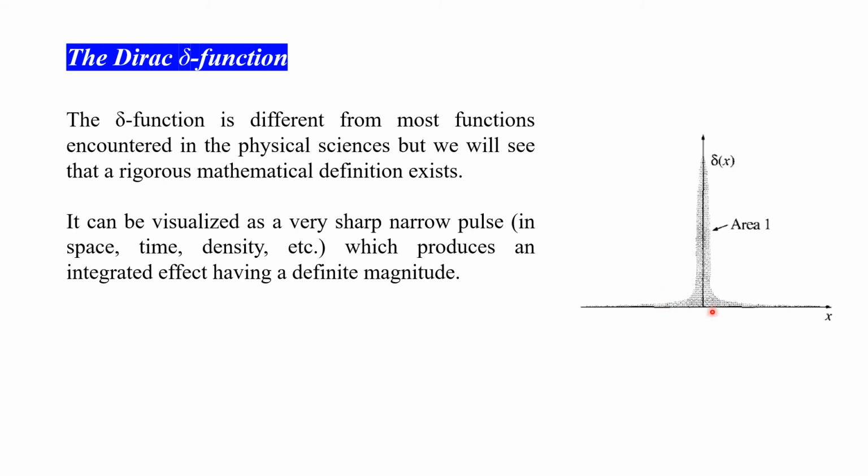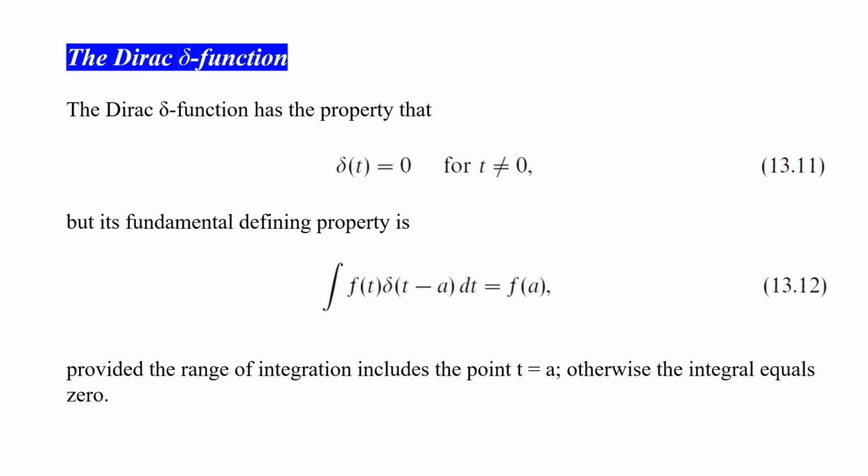So this one here is an example of a Dirac delta function, which is a sharp, narrow pulse in space, time, or density. Here this is in terms of space. The Dirac delta function has the property that delta of t is equal to 0 for t not equal to 0.